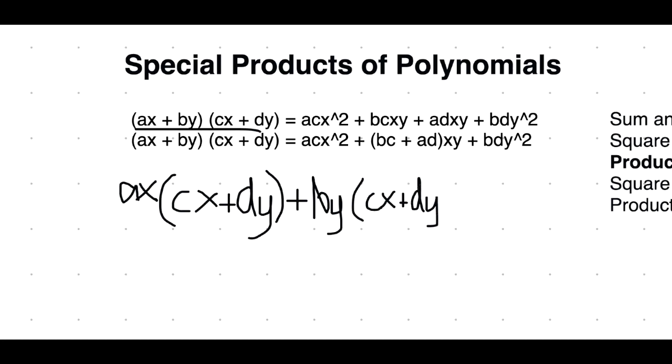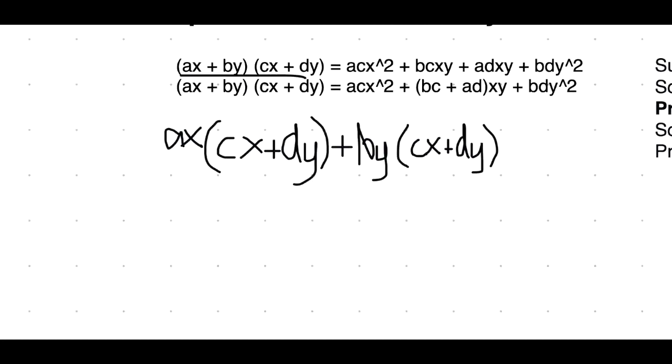Okay, so again, let's start with multiplying out the brackets. ax multiplied by cx is equal to acx squared. a and c are unlike terms, so they just remain on their own. But x and x are the same term, so it's a number multiplied by itself, so it's x squared.